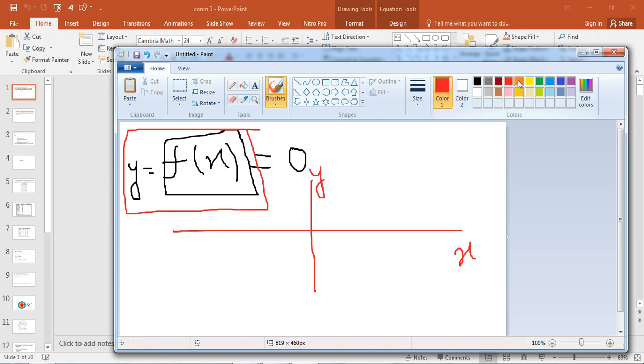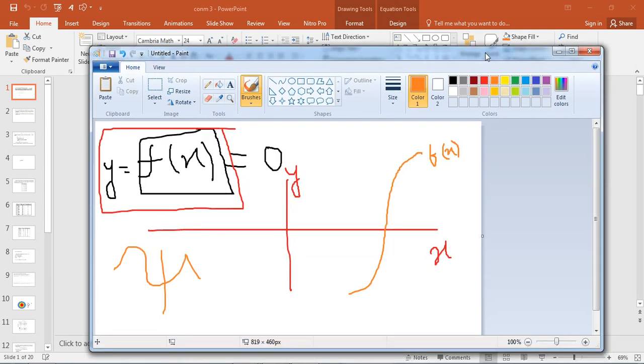And this particular function f of x, let me assume it to be some random graph. It may look something like this also, it doesn't matter. It can have any shape, that will depend upon the equation.